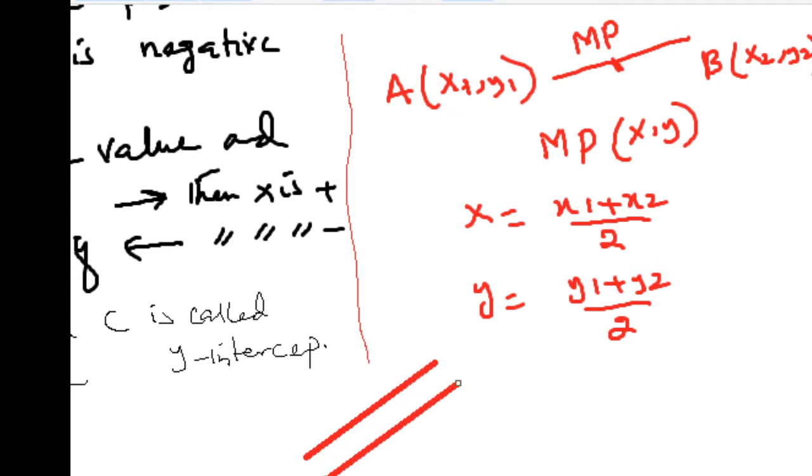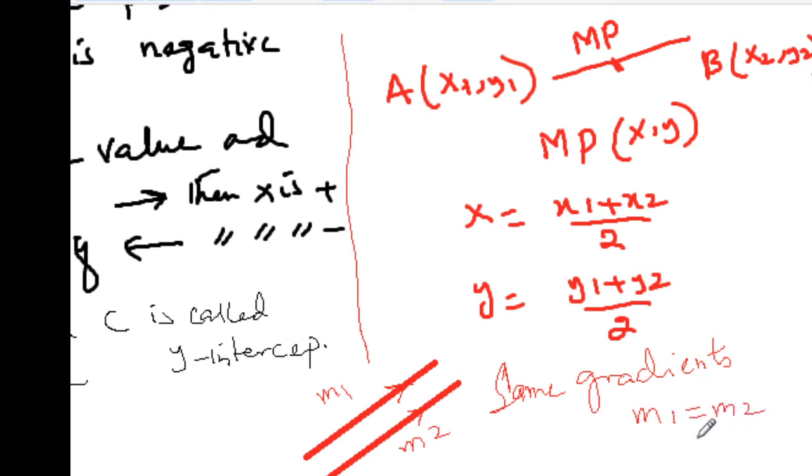When they are parallel lines, they have the same gradients. Like this gradient is m1 and this gradient is m2, so m1 will be equal to m2.